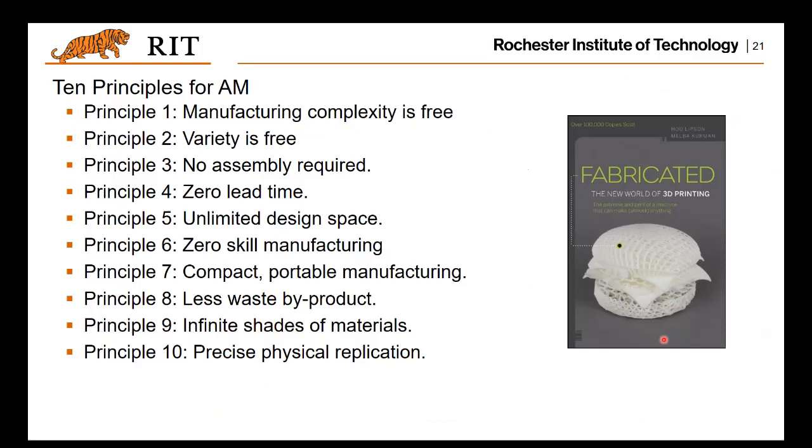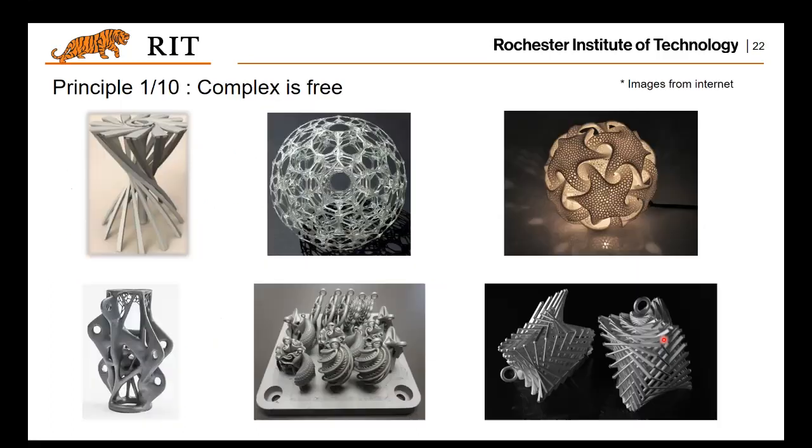In this book, the authors proposed the 10 principles for additive, and that shapes how additive becomes additive, and it shows the benefit of additive. I just use these 10 principles as guidelines to show you the benefits or advantages of additive. All right, so let's look at the first one, the complexity.